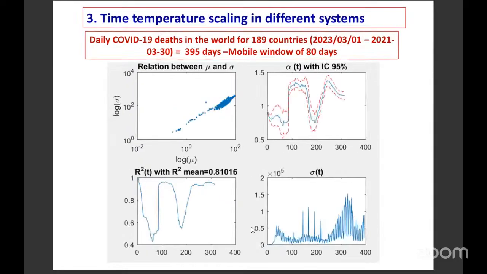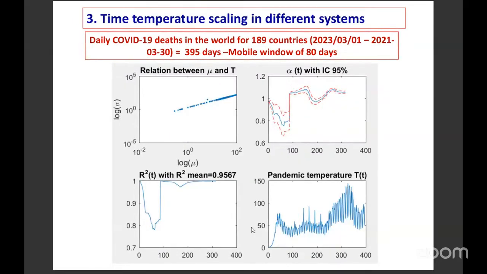The same for daily COVID-19 deaths in the world. The mean of the R squared is 0.51, and in the case of the time temperature scaling the quality of the fit is better.